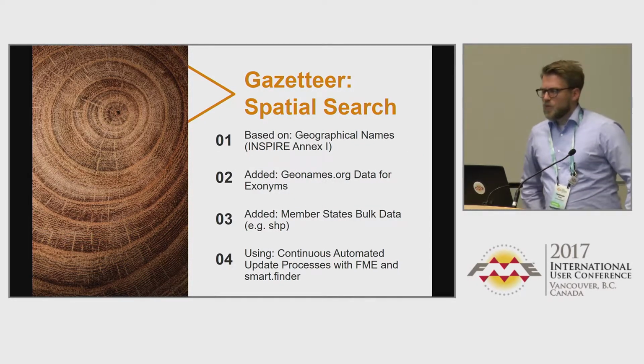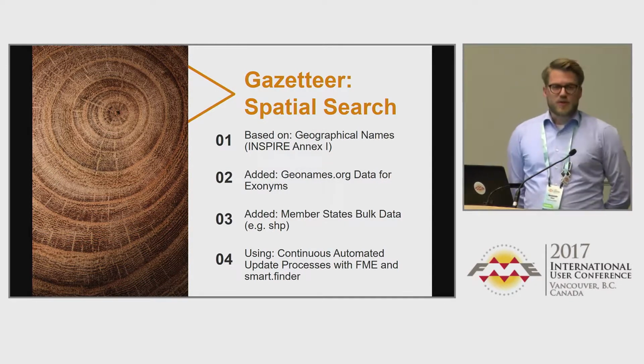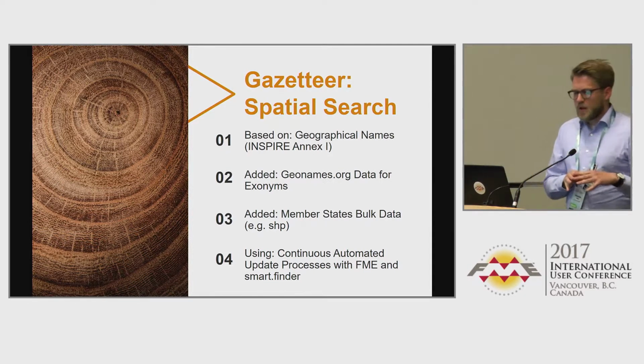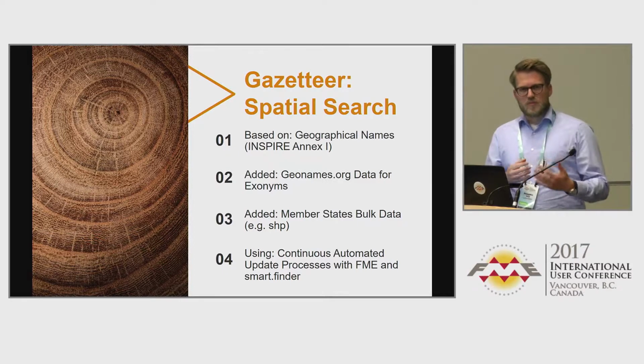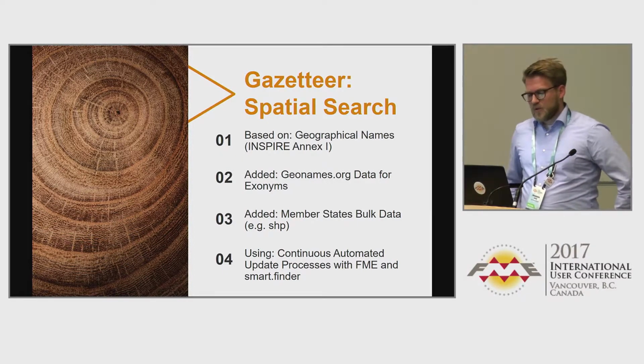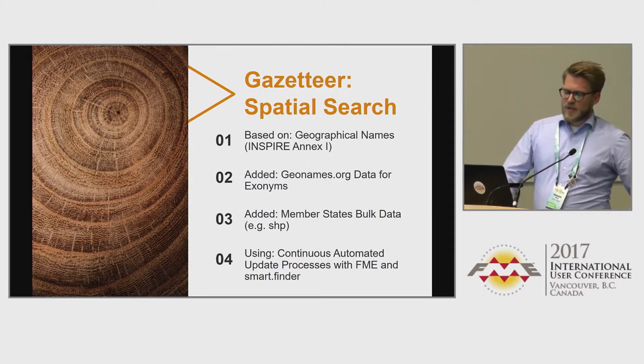So what we built was a gazetteer to enable a spatial search. That means that we wanted to link all data sets provided with a spatial index, with a spatial context. Our first thought was that there's an annex theme.